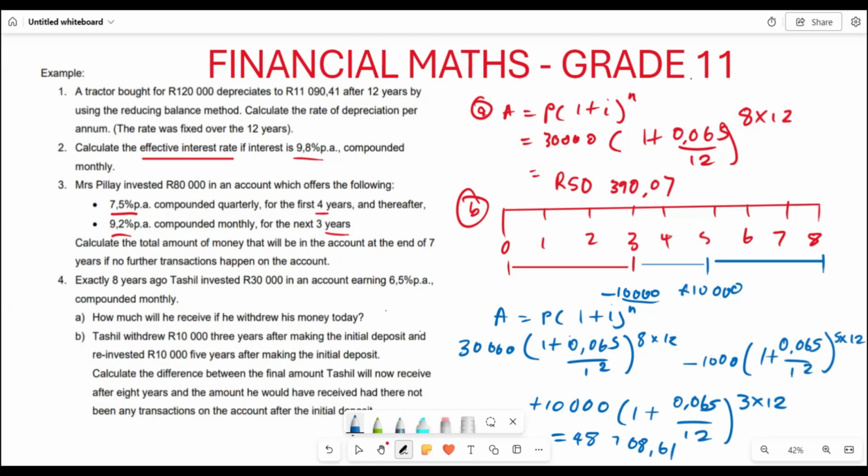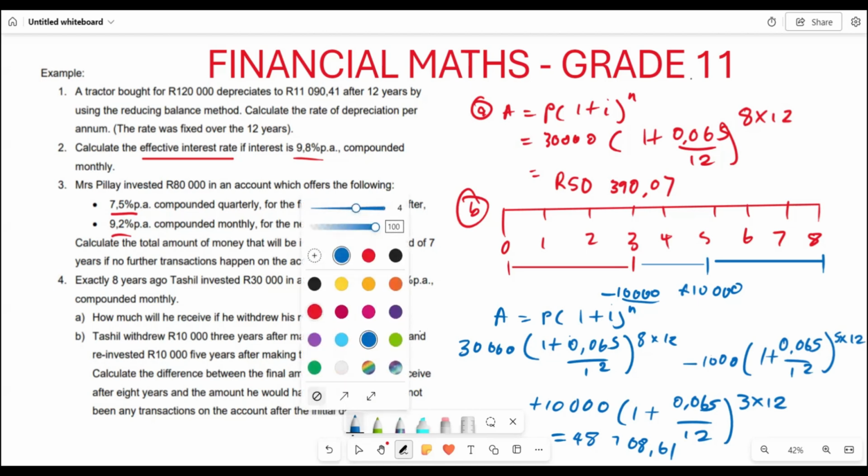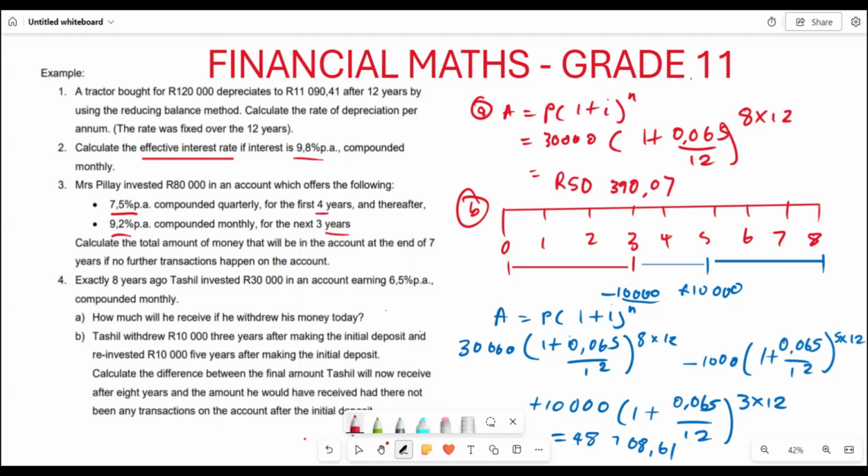So which means you're going to take what this person was supposed to have, right? This person was supposed to have 50,390.07. But now, because of the subtraction and the addition of the 10,000, this person ended up having 48,708.61.